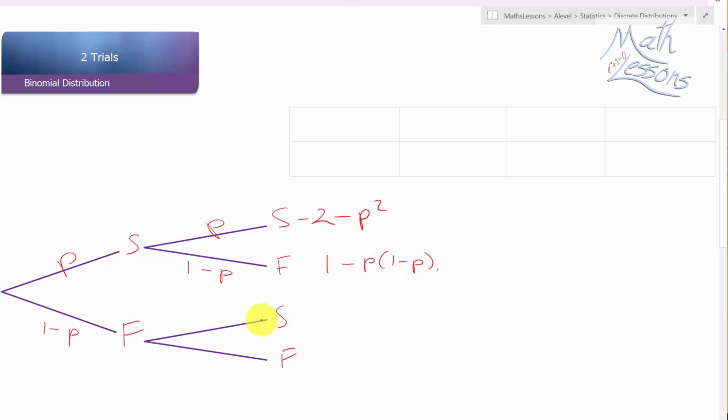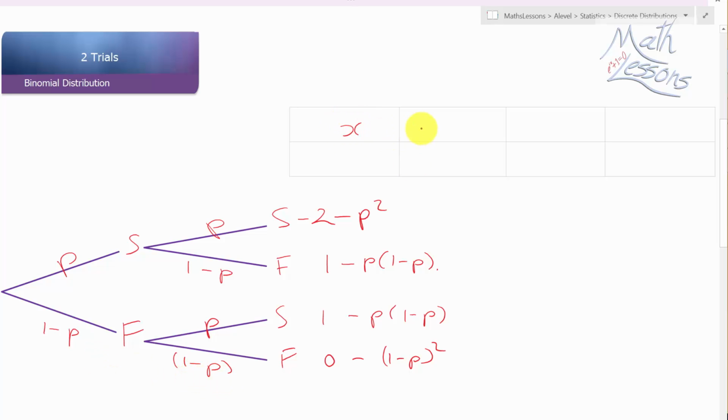Here we've got success after a failure, still probability of p. This is one success, and the probability is going to be p times 1 minus p again. But a failure followed by a failure, if that's going to be p for success, is still going to be 1 minus p, so 0 successes will give us 1 minus p squared. That's 1 minus p times 1 minus p.